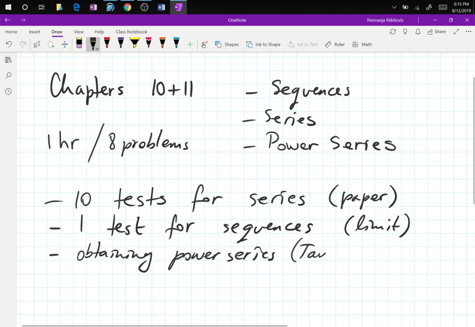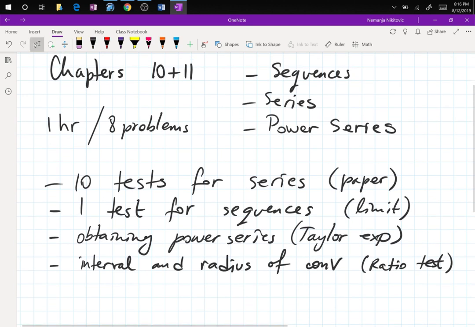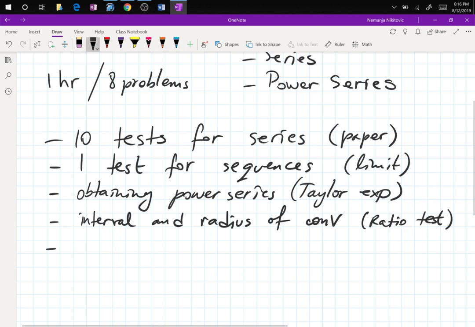We are looking at the Taylor expansion. Number 2, we have interval and radius of convergence. That was a ratio test. Could be root test as well, but ratio test. And 3, calculus with power series. That's the whole exam.